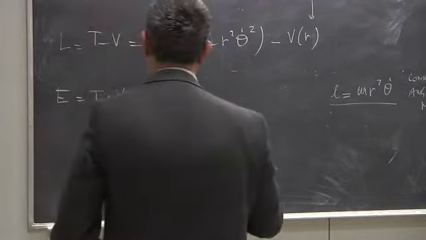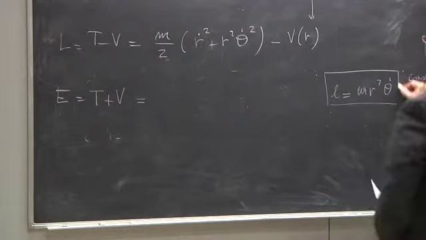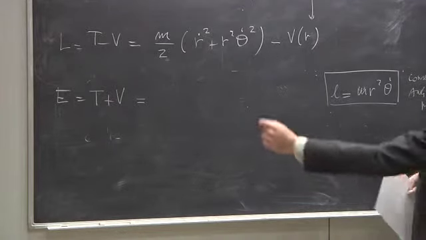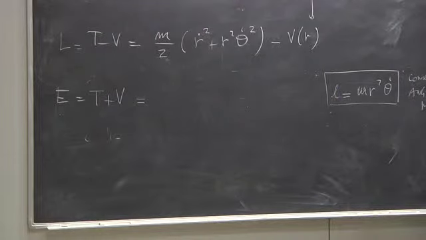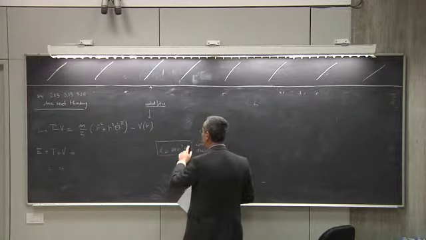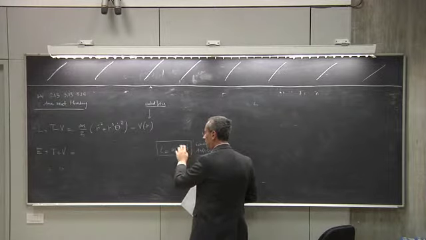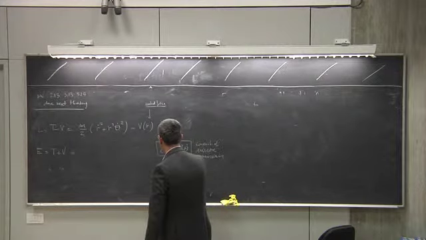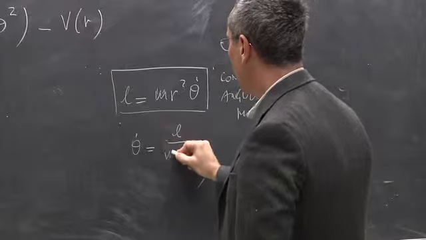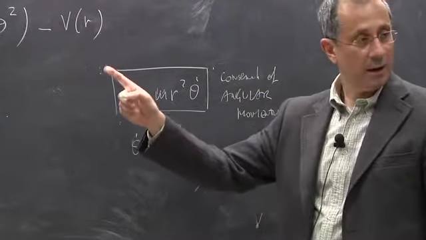So you see I can write this, and I can also do a little trick, because you see I can really get rid now of this variable altogether, because I know that theta dot, whatever it is, multiplied by this is a constant, so I can exploit this conservation law to write theta dot to be L over m r squared, and then plug it back there.